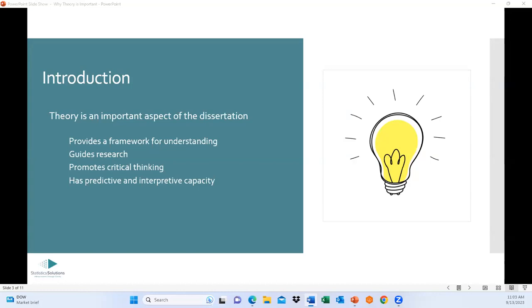It can help guide your research. Theories guide scientific inquiry by providing a starting point for research questions and hypotheses.